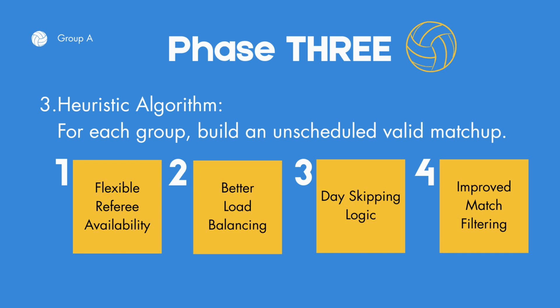Third, it has smarter date-skipping logic. If nothing can be scheduled on a day, it moves on, rather than wasting time. Lastly, it enforces more constraints. It avoids duplicate matchups, enforces weekly team limits, and generates cleaner and more realistic schedules.